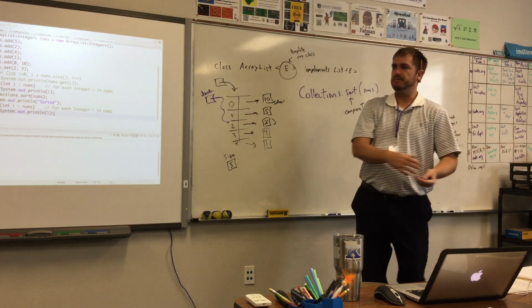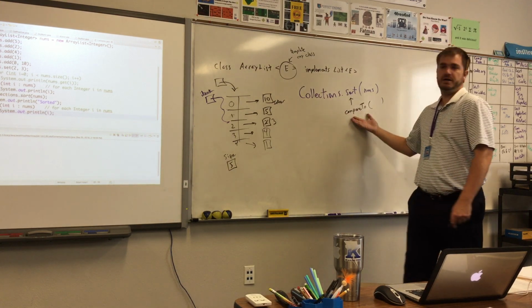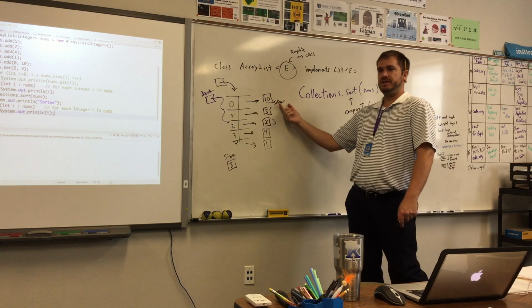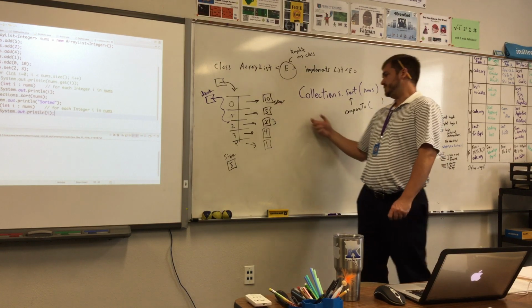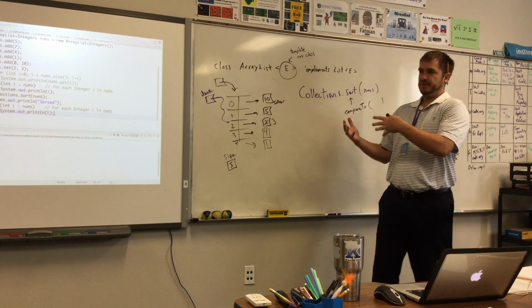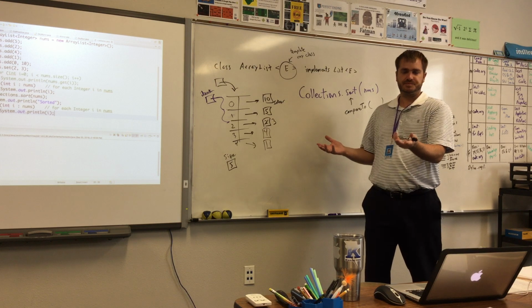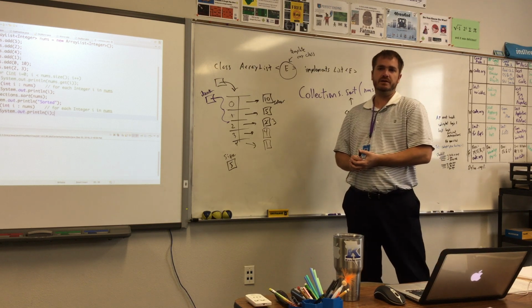Well, the people who wrote the Integer class also wrote a compareTo method within that Integer class. And the way that they chose to compare integers was the one that's smaller is the one that comes first. It just makes sense. And so that's how they did it.